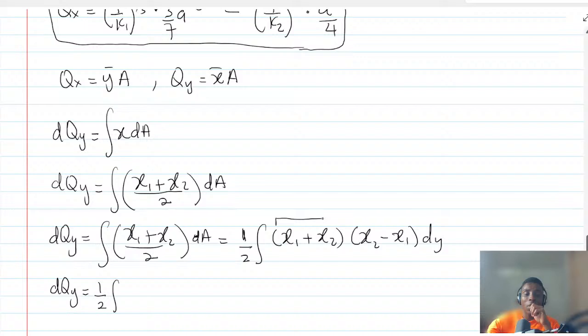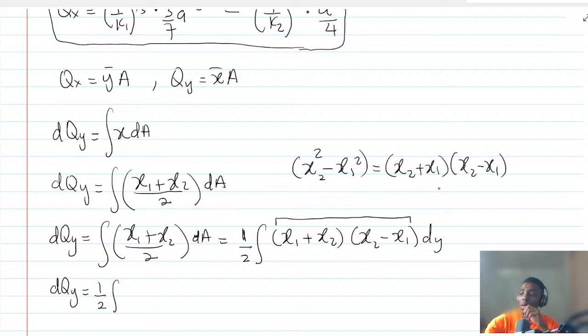Now this one becomes a difference of two squares. x2 squared minus x1 squared is the same as x2 plus x1 multiplied by x2 minus x1. So in other words, this one becomes a difference of two squares. That's all.